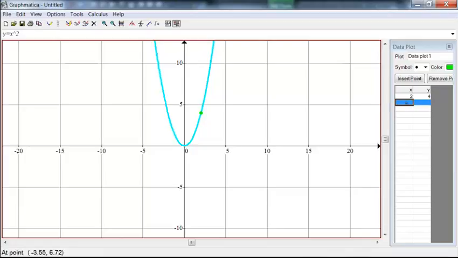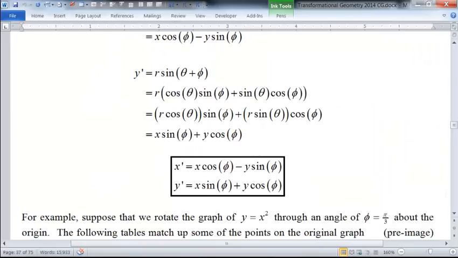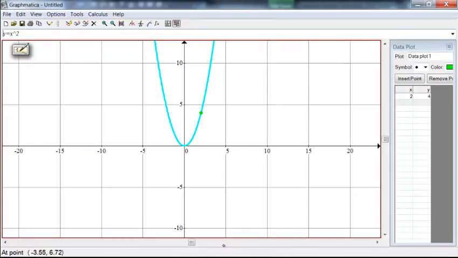So suppose we take that point there and we want to rotate that specific point. And suppose we're going to rotate it by pi over 3 in a counterclockwise, positive manner. So it should stay the same distance away. What is that distance, by the way?